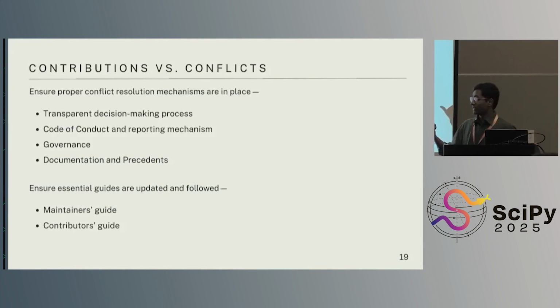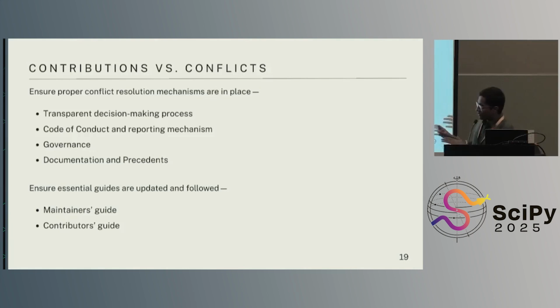There should be a governance. It should basically lay out who are the folks responsible for taking the decision in the matter of conflict. And the last and most important is the documentation and precedence. So for example, if something has happened and you came to a conclusion, you resolved it, there should be a document laying out how we solved that, what was the process, and how we avoid it in the future.